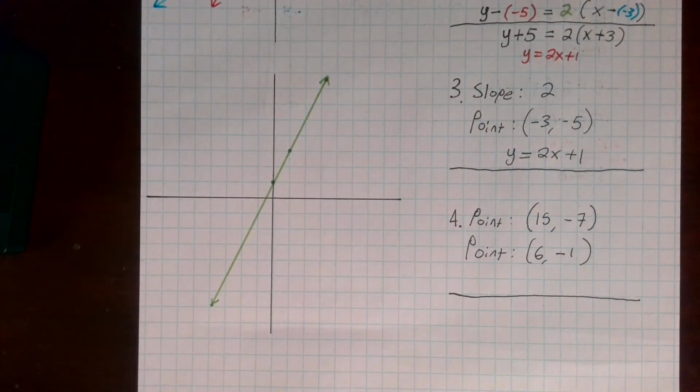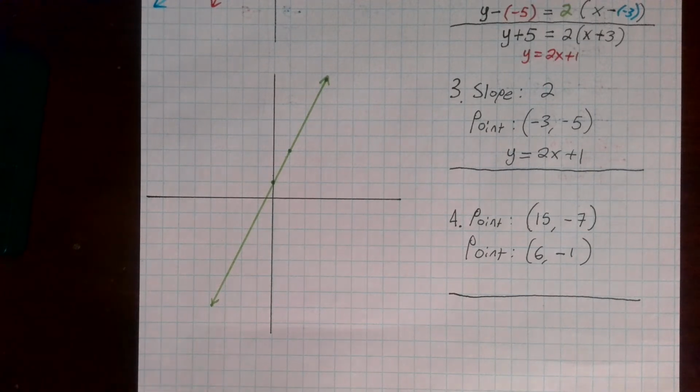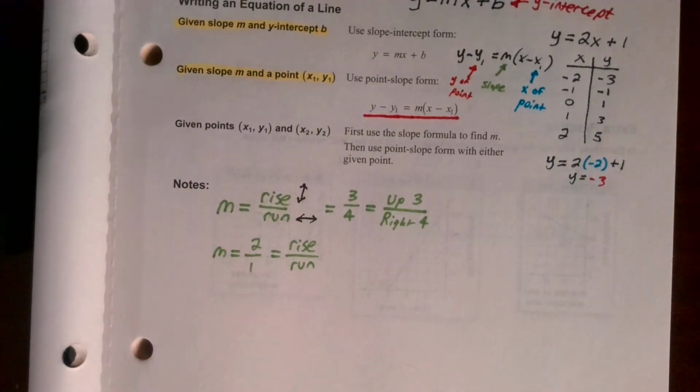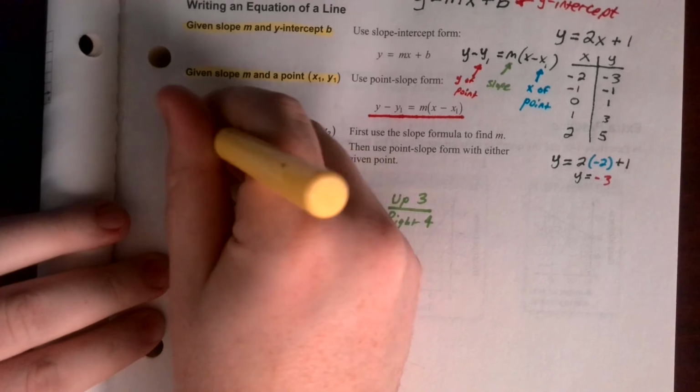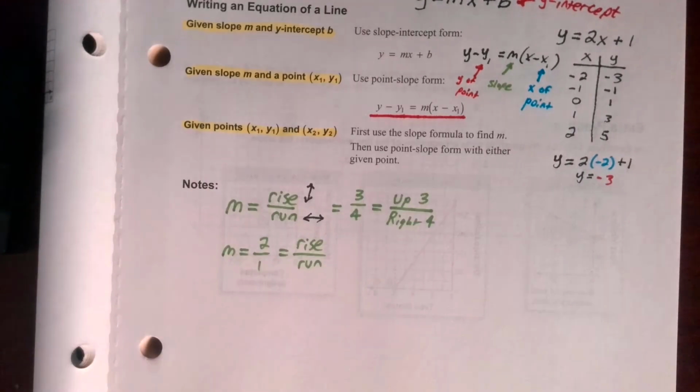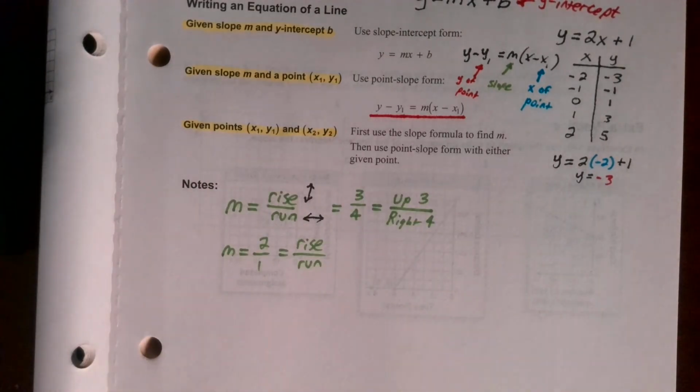There is one more method to find the equation of a line, and it involves just knowing 2 points. In our notes on page 15, it says if you are given points x1, y1, and x2, y2, these are just labelings for 2 different points.